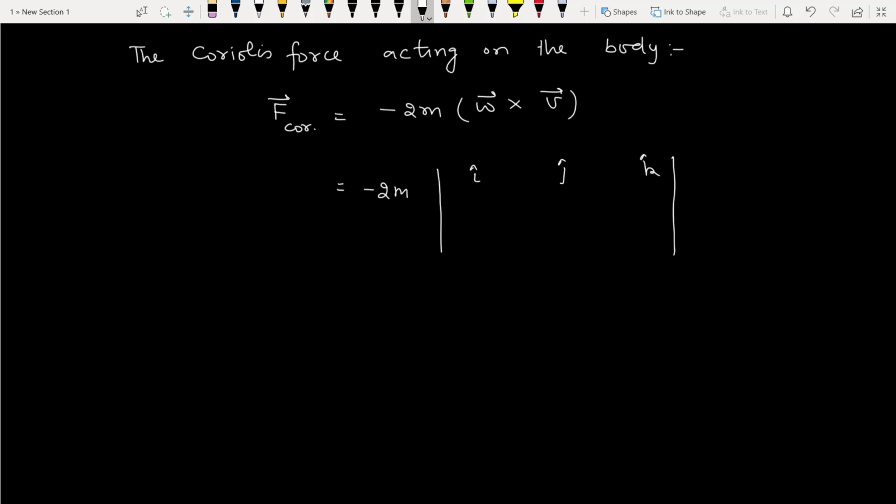Omega has x component 0, y component, z component. It has Vx, Vy, 0. So minus 2m.